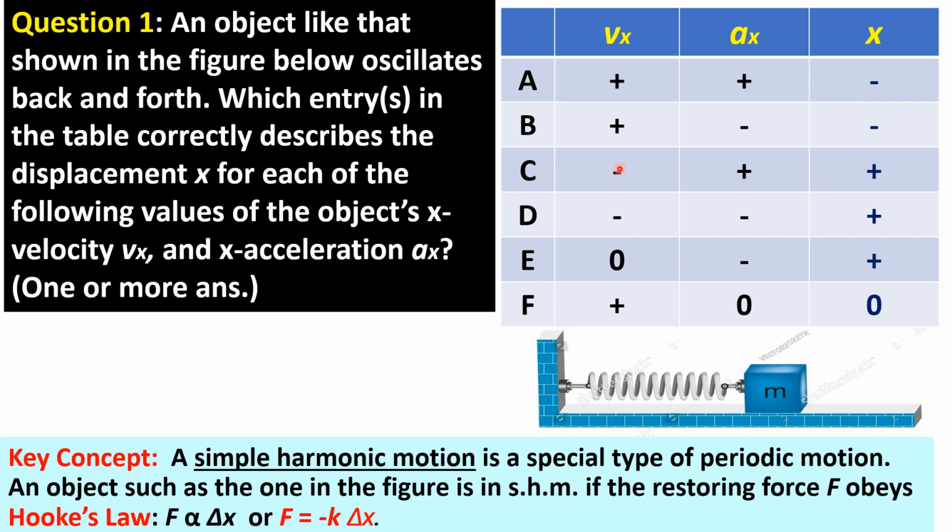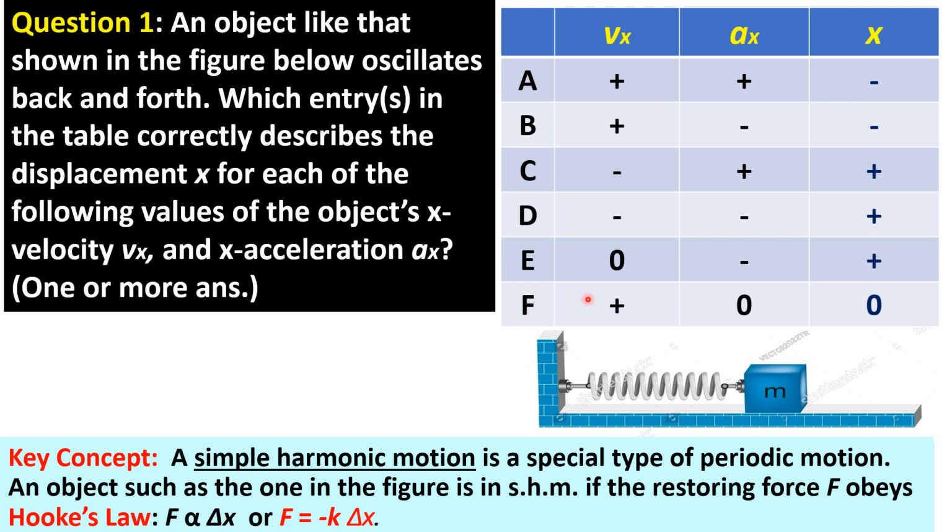For option C, if Vx is negative and the Ax is positive, then the displacement x must be positive. For option D, if both Vx and Ax are negative, then the displacement must be positive. For option E, if Vx is 0 and acceleration Ax is negative, the displacement x must be positive.